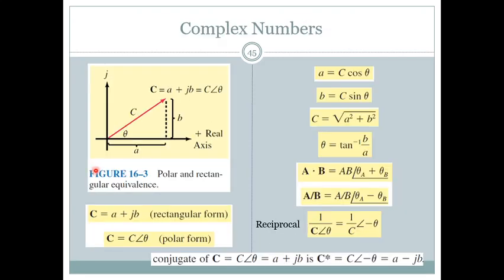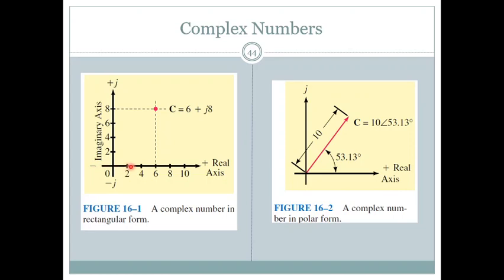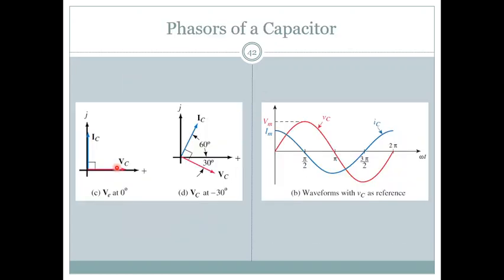Now keep in mind, when it comes to complex numbers, there are imaginary components, right? But keep in mind, the voltages, currents, and everything that we are talking about are very real. There is no imaginary quantity in there.